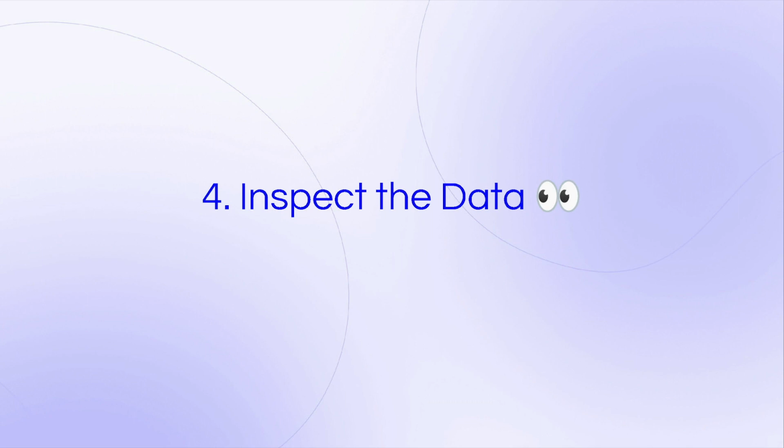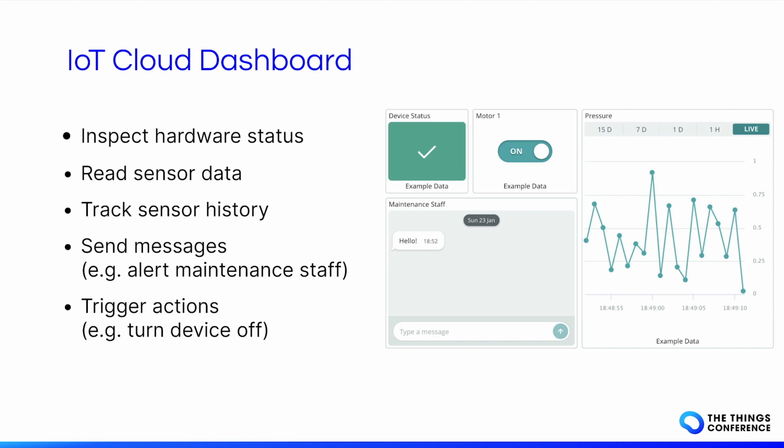The last step of implementing a remote predictive maintenance solution is to inspect the data. So once your nodes have reported that there might be something wrong with an installation or device, you will have to notice it and perform the maintenance. The Arduino solution for that is an IoT Cloud dashboard.